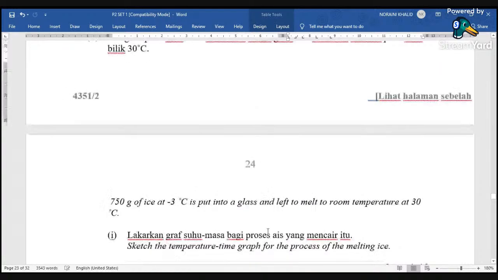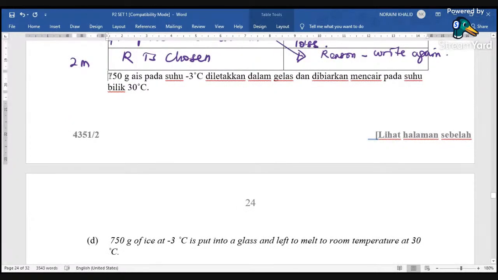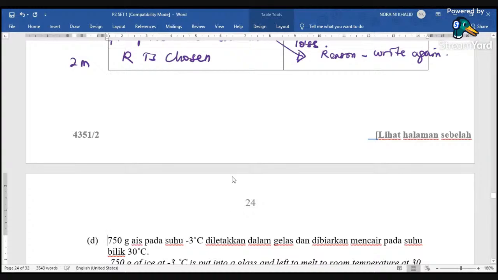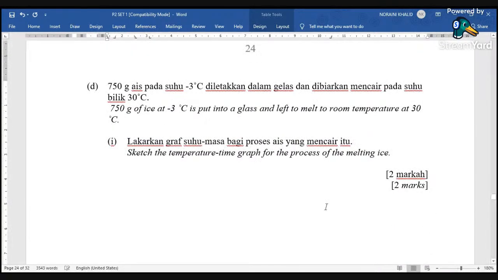Okay, part D. 750 gram of ice at -3 degrees Celsius is put into a glass and left to melt to room temperature at 30 degrees Celsius. Sketch the temperature-time graph for the process of melting ice. So just sketch only.